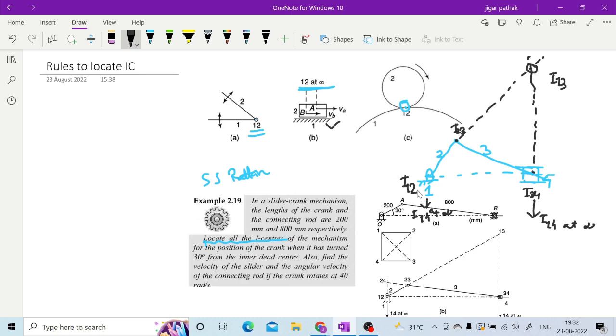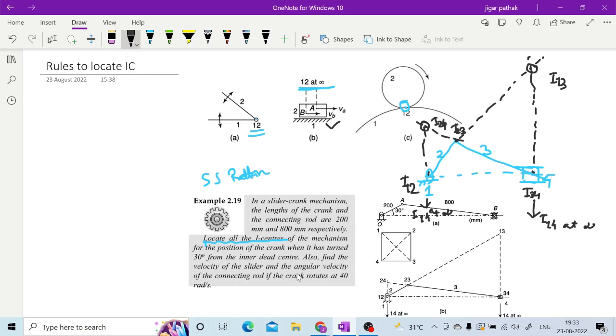Similarly, in order to get I24, you extend 12 and 14, and you extend 23 and 34, which are on this line. So here you will have I24, right.